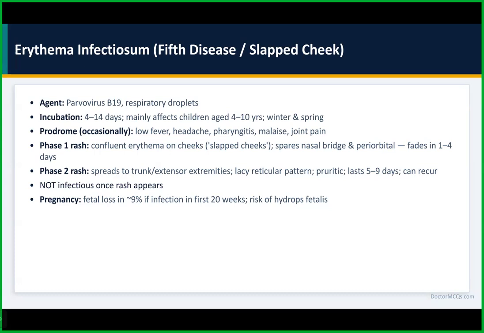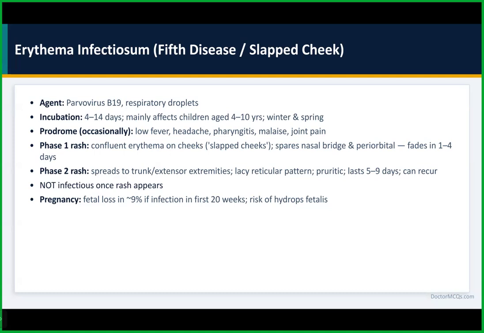Always, in any viral condition like these, there will be a prodrome: again low fever, headaches, any upper respiratory tract infection, any joint pain or malaise in general. But when the rash starts on the cheeks, a slapped cheek appearance will be there, but it will not involve the nasal bridge and the periorbital area, and it will fade away in 1 to 4 days.